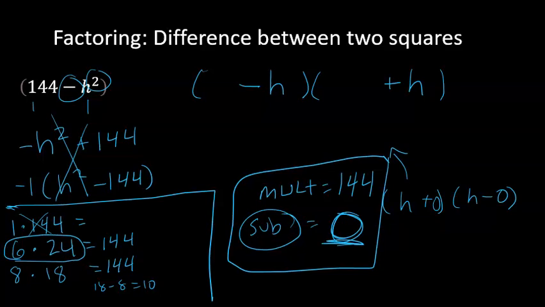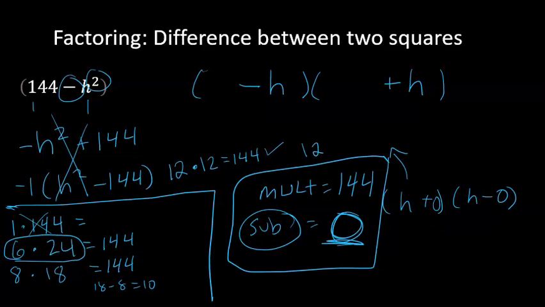If I did 12, I'm running out of room. Let me do it up here. If I did 12 times 12 again, that gives me 144. So that gives me 144 for multiplication, but I have to make sure it subtracts to 0.